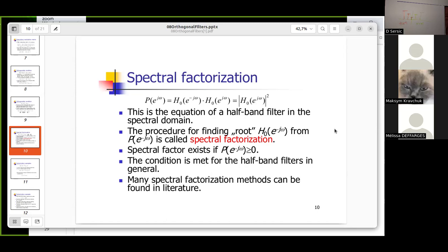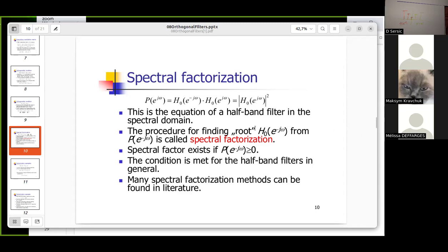I used the term half-band filter for ideal filters, where you have a low-pass filter across the half of the band. But right now, any filter of that form, this is a relaxed condition, can also be called a half-band filter. If you move the frequency response by pi, altogether they must add up to a constant.